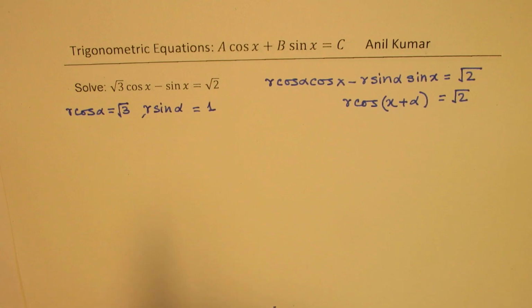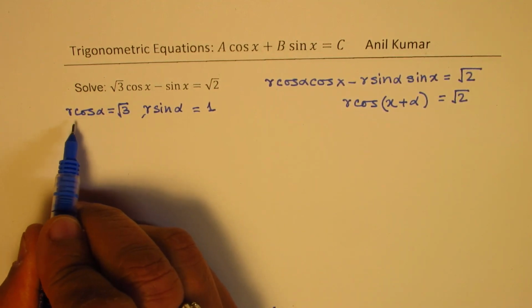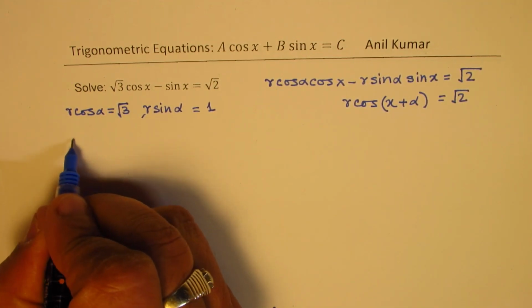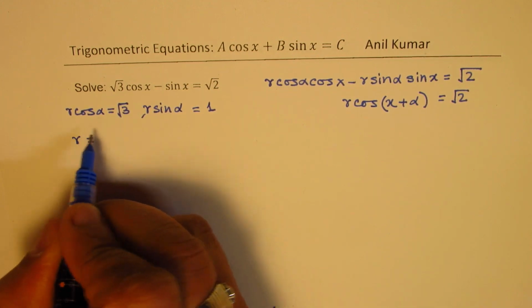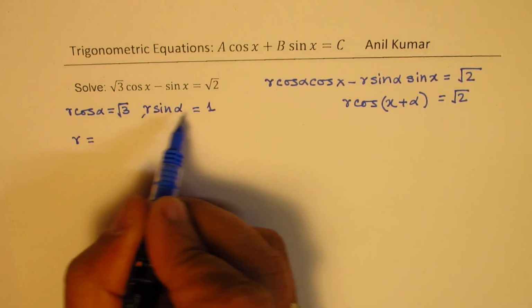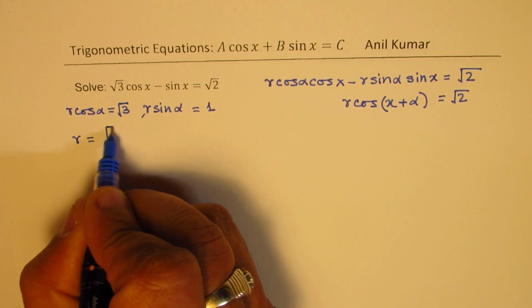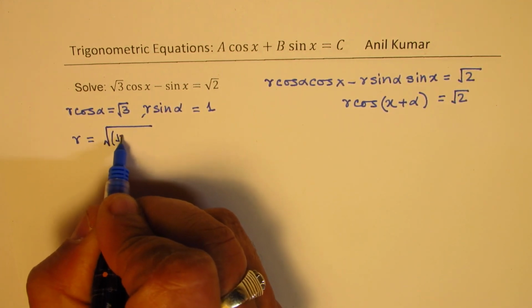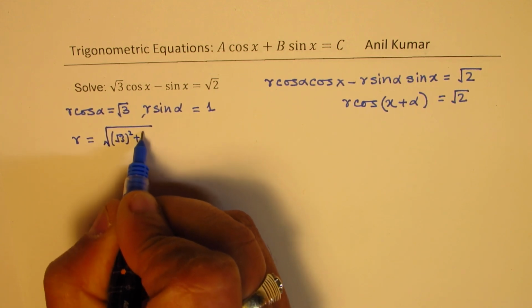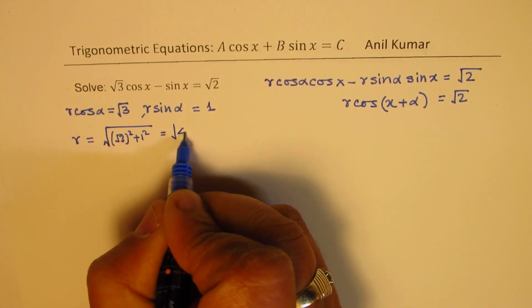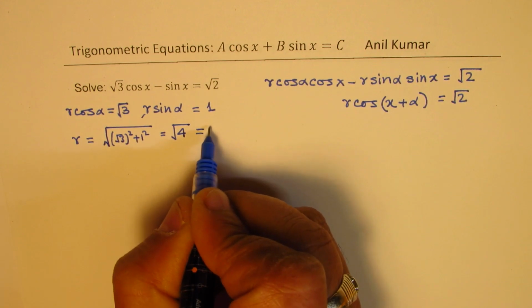Perfect. Now, if you add their squares, r will be equal to the square root of 3 squared plus 1 squared, which is square root of 4. So the value of r is 2.